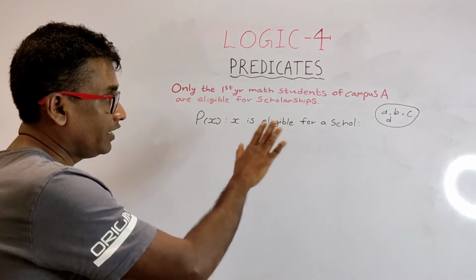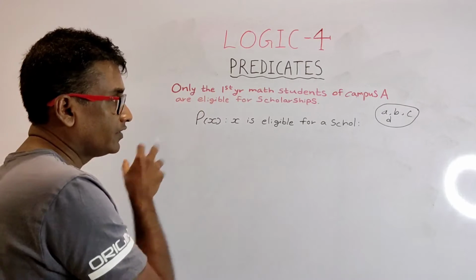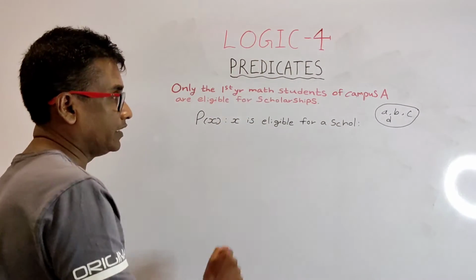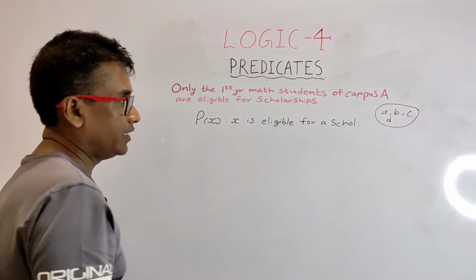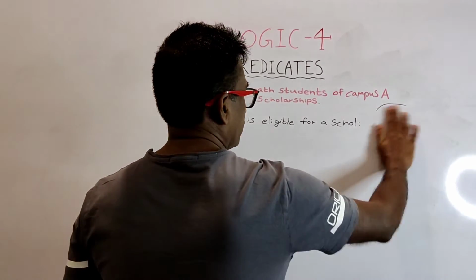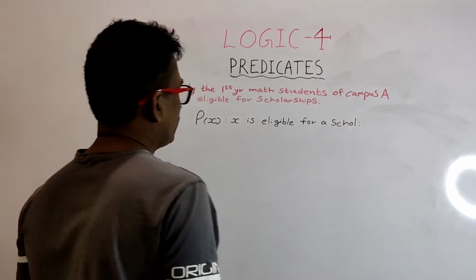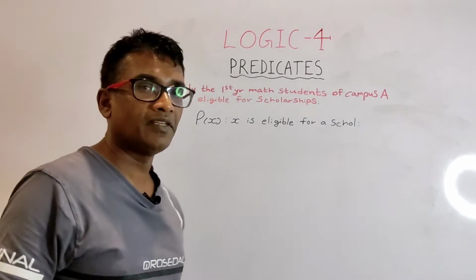That is the way of converting this P of x to a proposition using the first method. Now we are going to look at the second method. So we forget about this A, B, C, D. We don't know any of these students in the maths department.